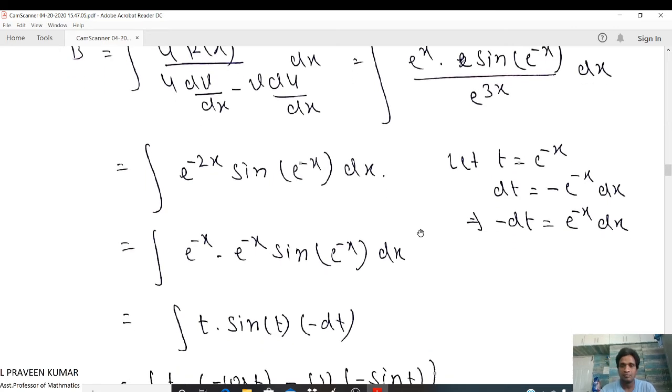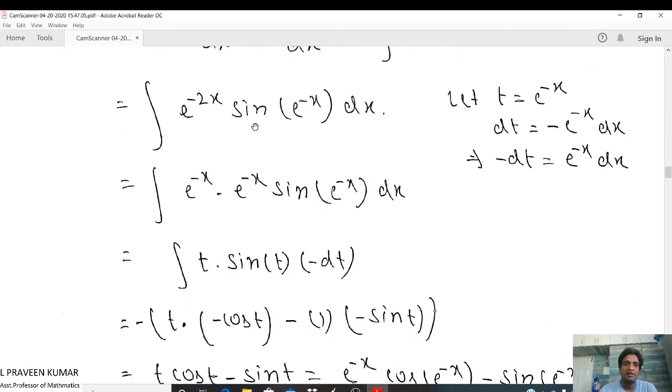Here, I am writing e^(-2x) as e^(-x) into e^(-x) for our convenience. Let t equal e^(-x), then dt becomes minus e^(-x) dx.